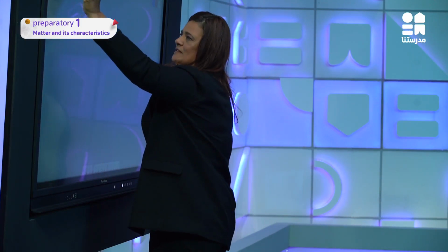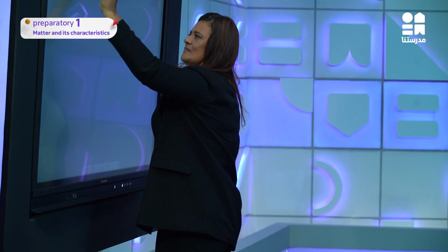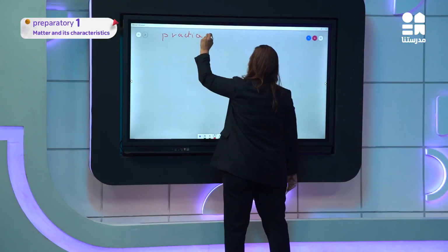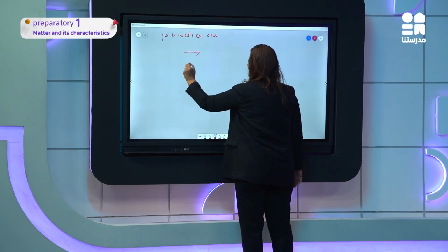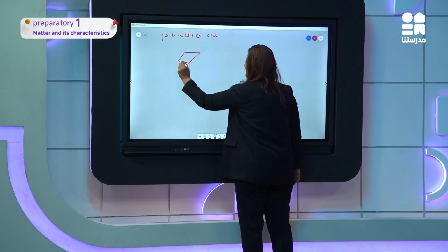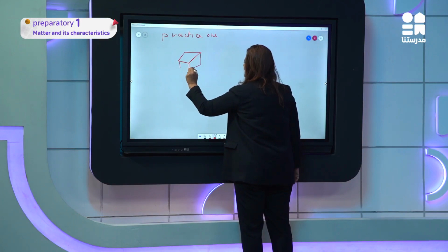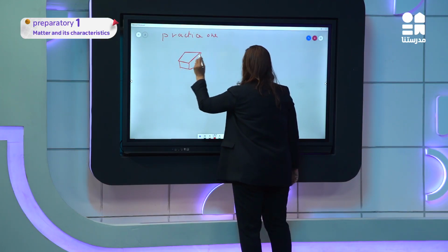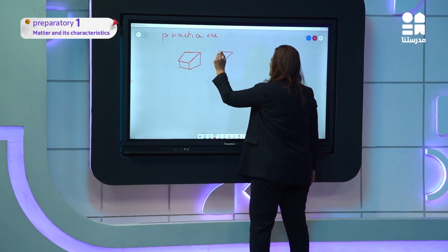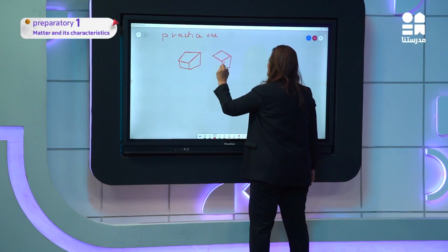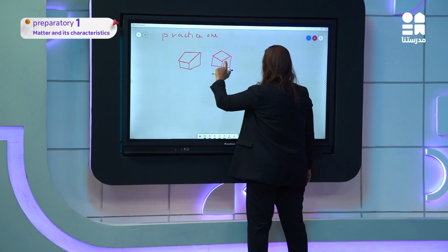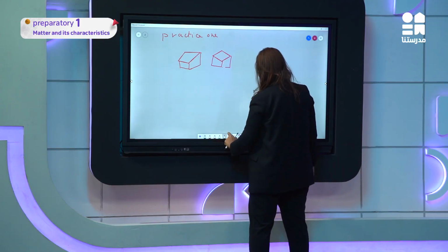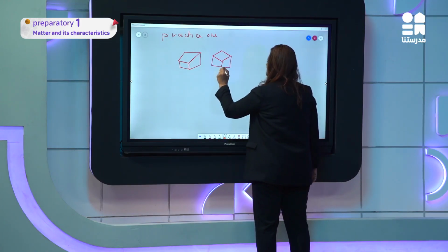Let's practice 1. Here we have three cubes. Like this.